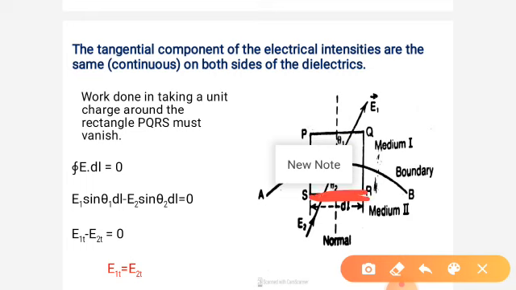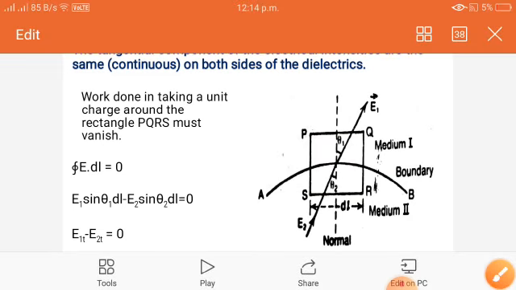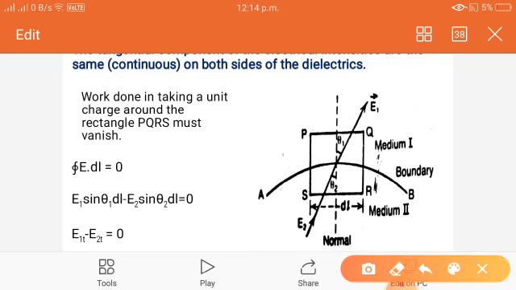Here SR and PQ is the length. The breadth is very small when compared to the length. So neglect this side, the work done in this side is negligible. Why? Because breadth is very small. So integral E bar dot dl bar is equal to 0. That is, work done in taking unit positive charge around the rectangle must vanish.